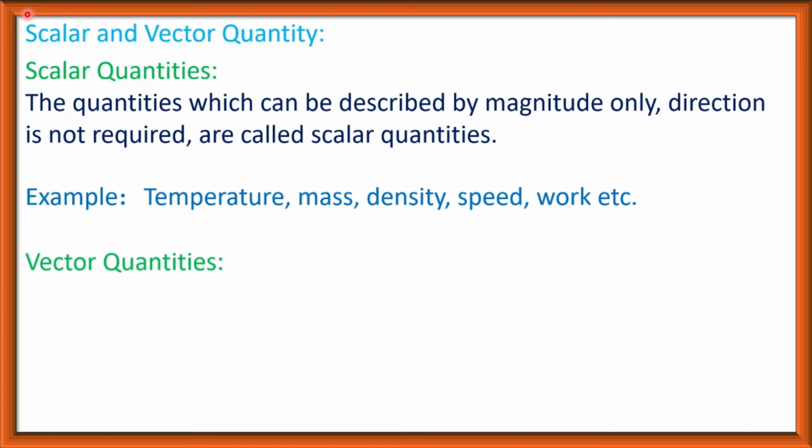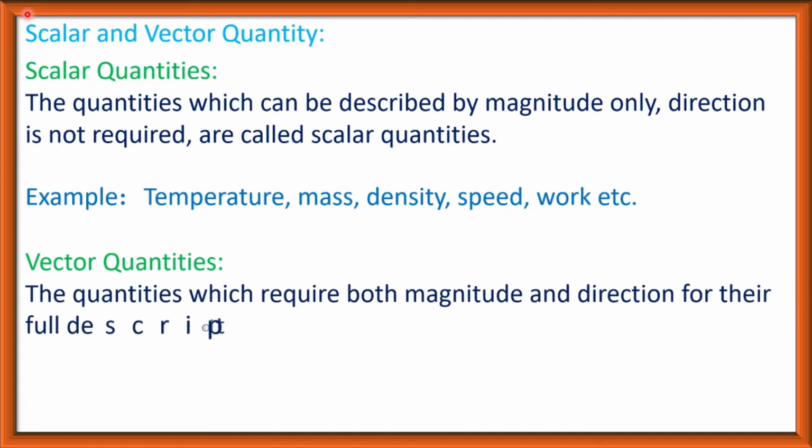Now vector quantities. The quantities which require both magnitude and direction for their full description are called vector quantities. For scalar quantities, we don't need any direction. But to express vector quantities, we need direction along with magnitude, because with magnitude only we cannot express them fully.